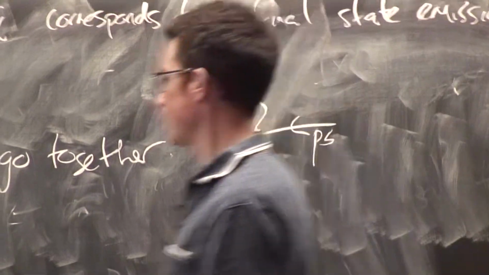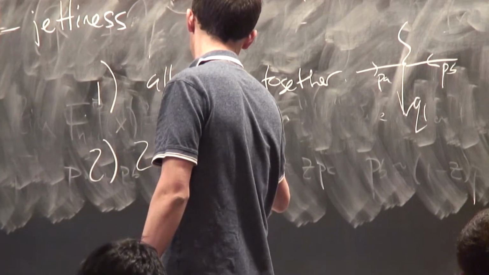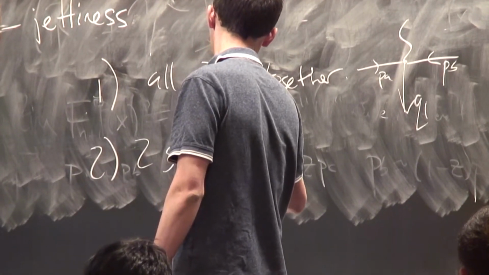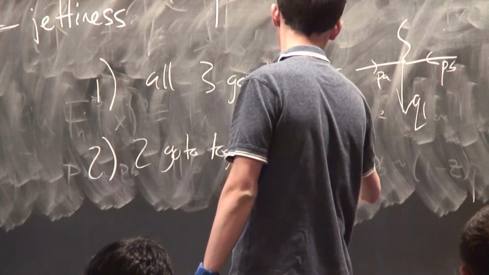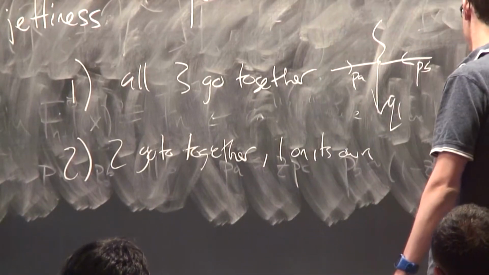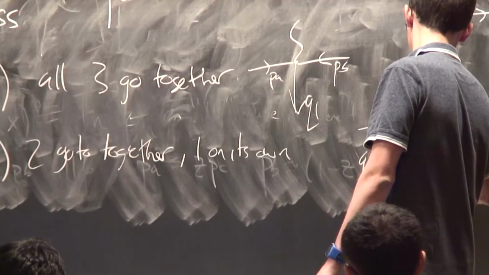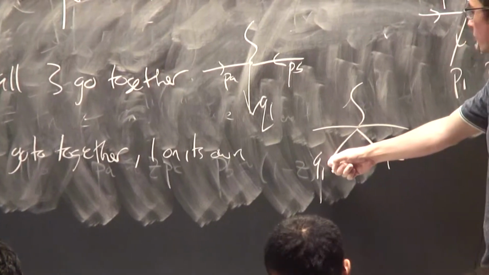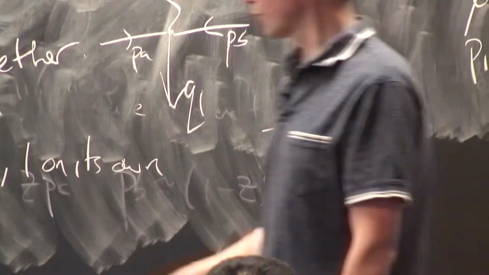I could have a second situation where 2 go together and one is left on its own. So that would give me this type of topology here. And this one, for instance, could have 2 partons in it, and this one would have 1. Or I could have all 3 separate.